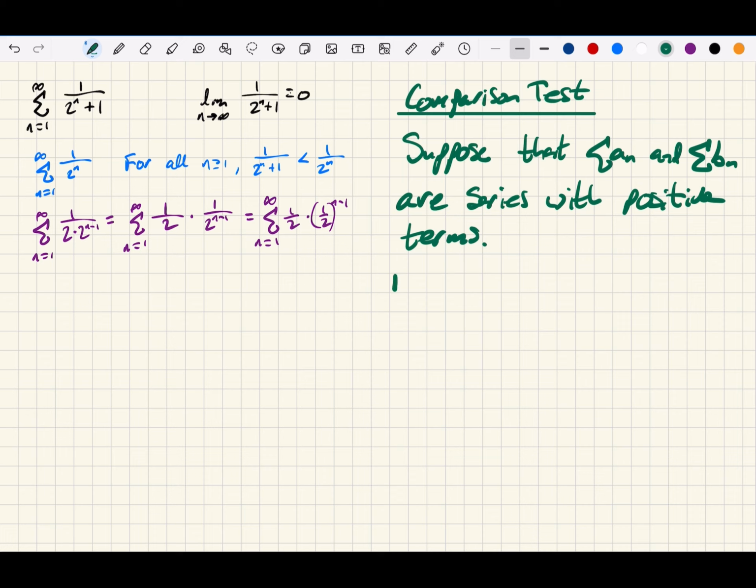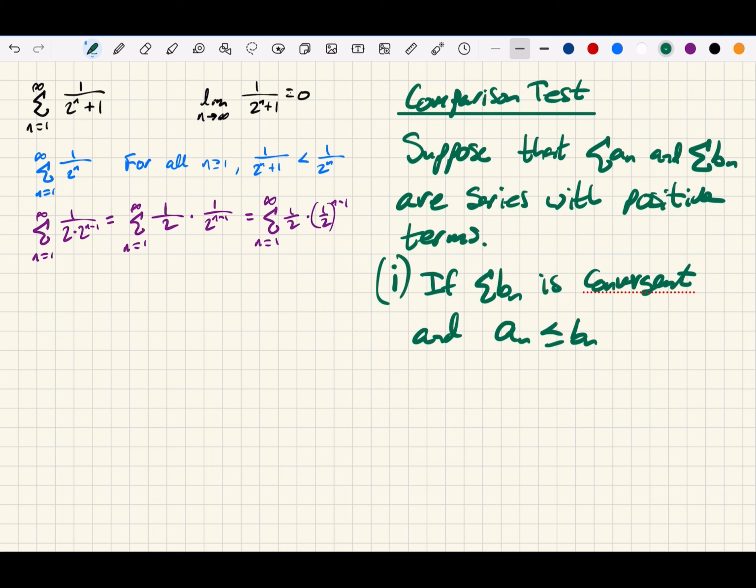Now, here then are the conclusions that we can draw from the comparison test. Okay, so if the sum b sub n is convergent and a sub n is less than or equal to b sub n for all n, then, and we kind of have just been talking about this, a sub n is also convergent.